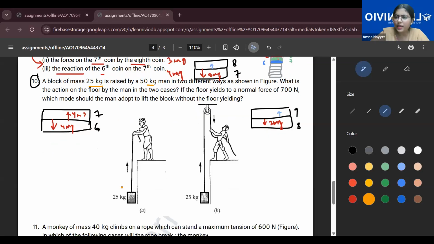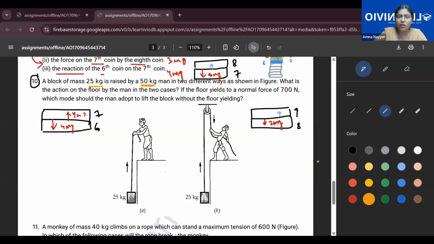So the first part is very easy. In the first part, the mass of the man is 50 kg and the block is 25 kg. In the first case, let the force exerted by the man on the floor be some N1 or R1.